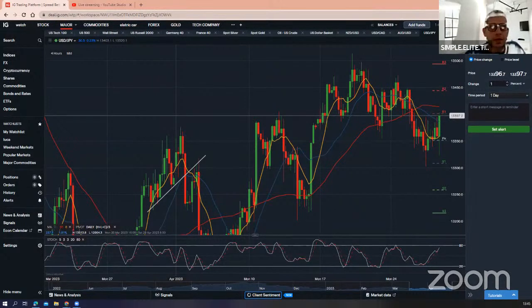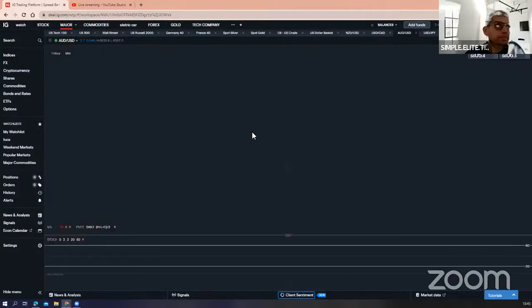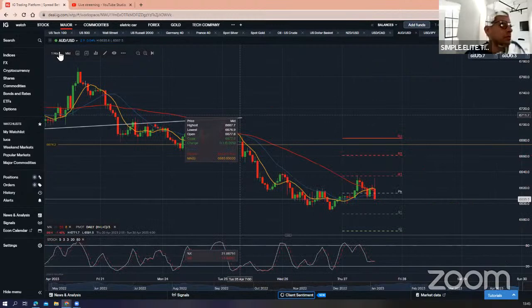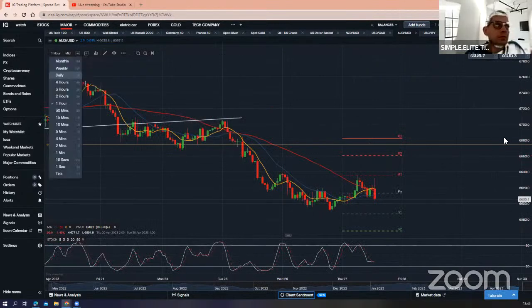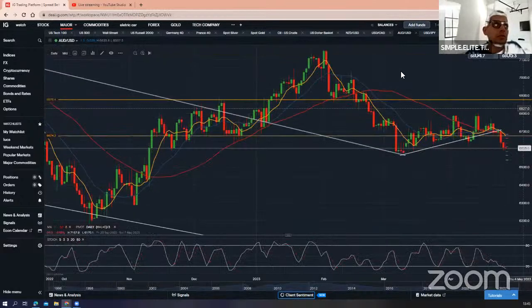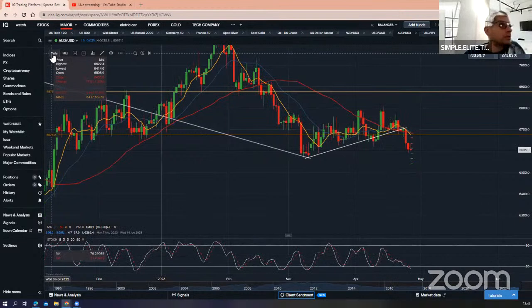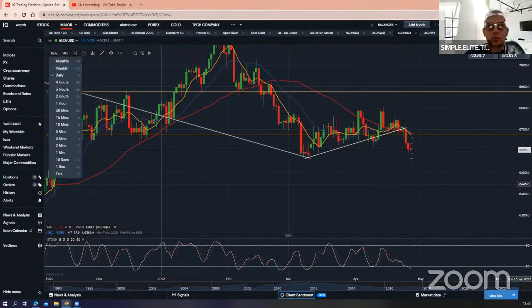Let's see the other currency, Australian dollar against US dollar. It's looking bearish, so it's looking interesting as well. Aussie short, because it's developing a nice downtrend. You can see first cycle.